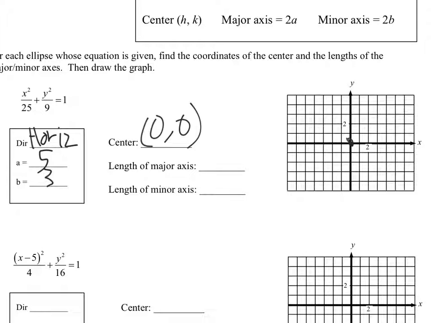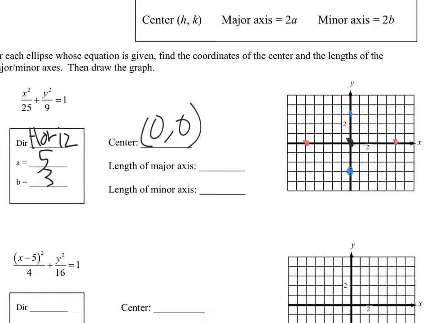Okay, so I'm going to go 1, 2, 3, 4, 5, and then 1, 2, 3, 4, 5 horizontally, because that was under the x. And then for the y, I'm going to go 3. 1, 2, 3. 1, 2, 3. And this is all you need.